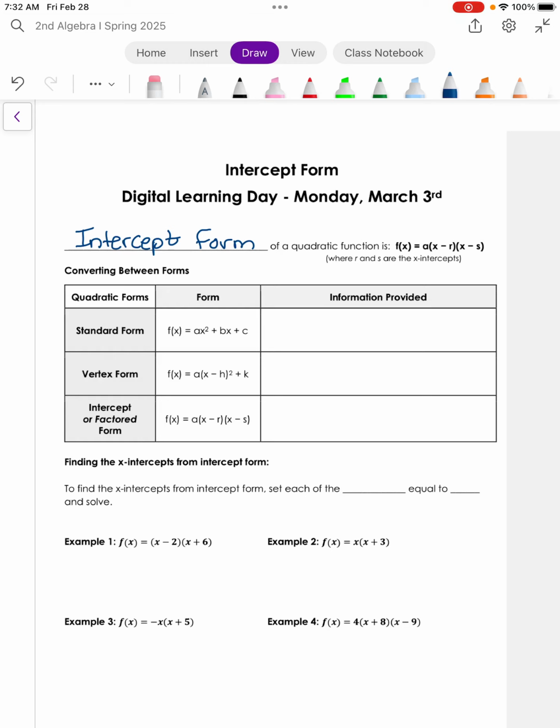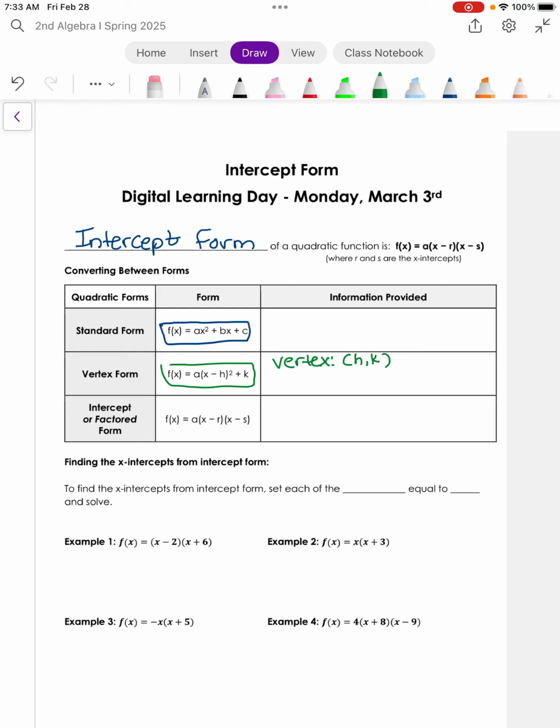Okay, so converting between forms, this is standard form here, where you've got no parentheses, ax squared plus bx plus c. Standard form is what you would see normally as a polynomial. Vertex form is a times x minus h squared plus k. This gives you the vertex, which is at h, k.